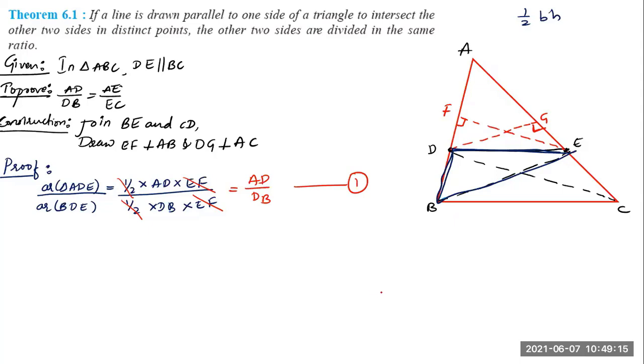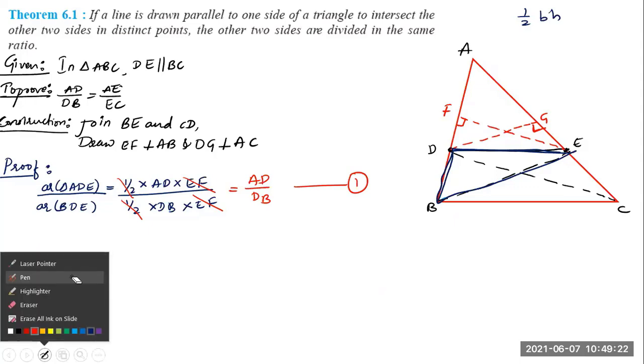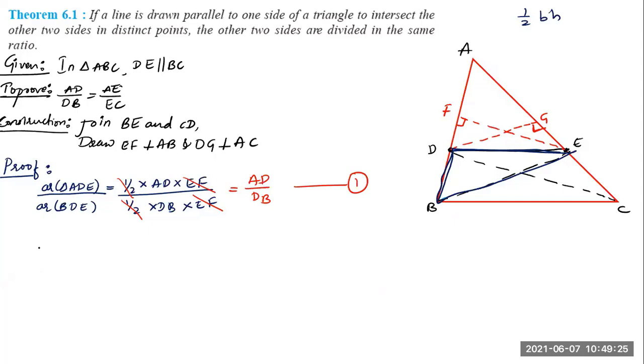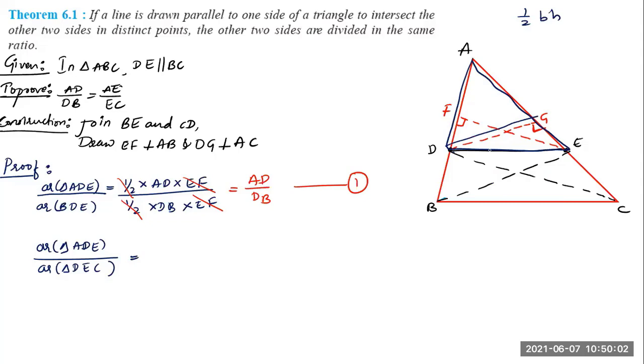So next, area of triangle ADE divided by area of triangle DEC I'm taking. For area of triangle ADE, now the height is DG.